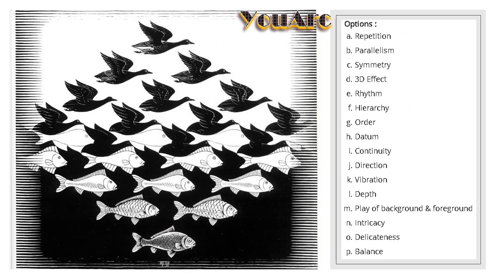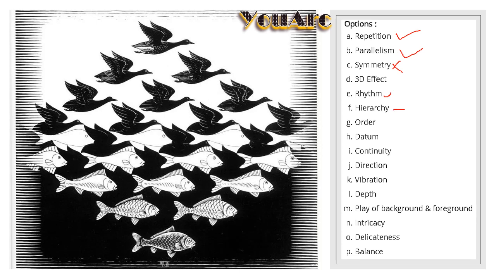So here it is definitely repetition, parallelism, not symmetry actually. 3D effect, can you feel any 3D? Not much depth is there. Rhythm, yes, a rhythmic pattern is there. Hierarchy, no, not. Let's keep it as an option.